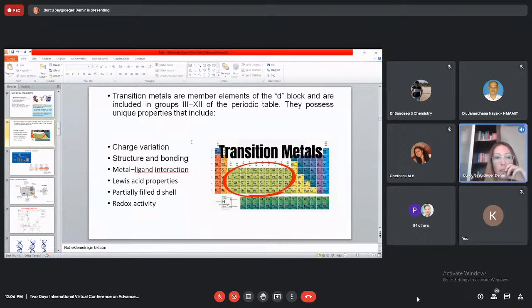The other one, structure and binding. Relative to organic molecules, metal complexes can aggregate to a wide range of coordination geometries that give them unique shapes. The bond length, bond angle, and coordination site vary depending on the metal and its oxidation state.